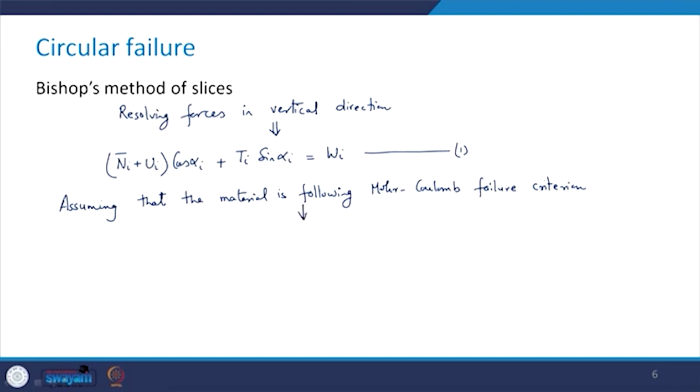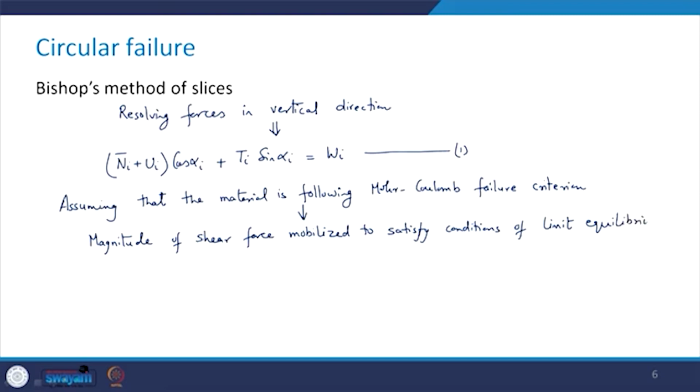So, from this assumption, the magnitude of shear force which is mobilized to satisfy conditions of limit equilibrium, that is going to be Ti will be equal to c bar Li plus tan of phi bar Ni bar, whole thing divided by the factor of safety, which I am considering to be F.